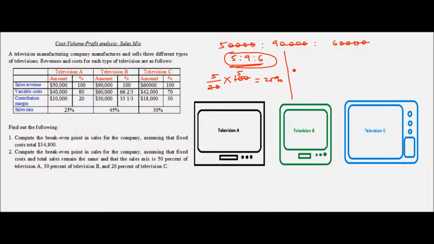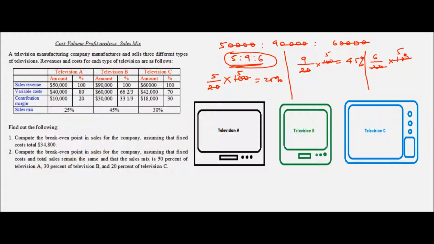For the second one, it is 9 divided by again the total of the 3, which is 20, multiplied by 100. So this is equal to 9 fives are 45%. And for the third one, which is television C, we have 6 divided by a total of 20 multiplied by 100.